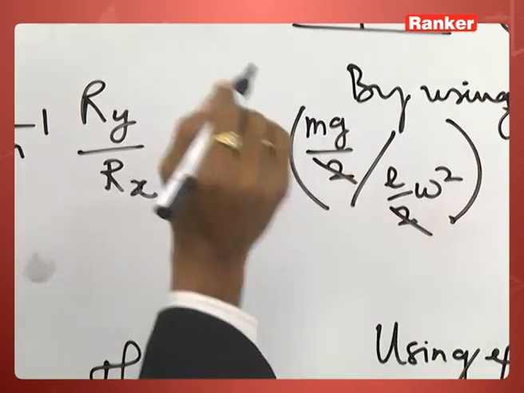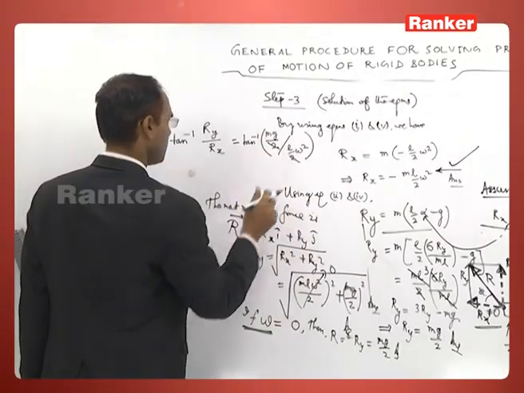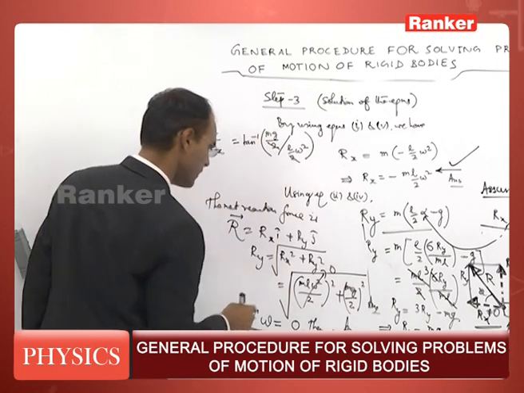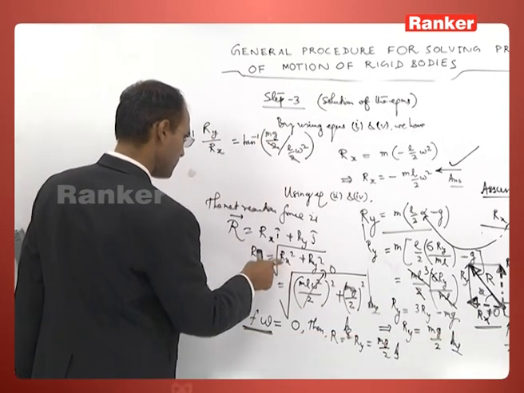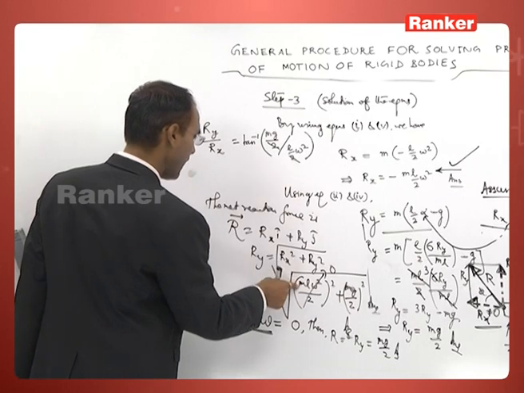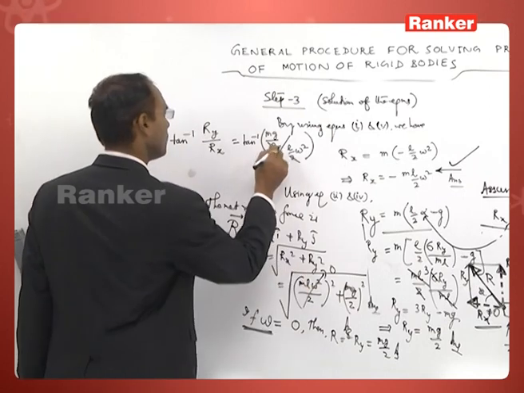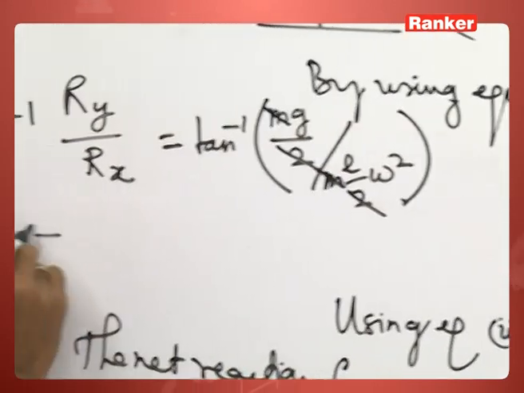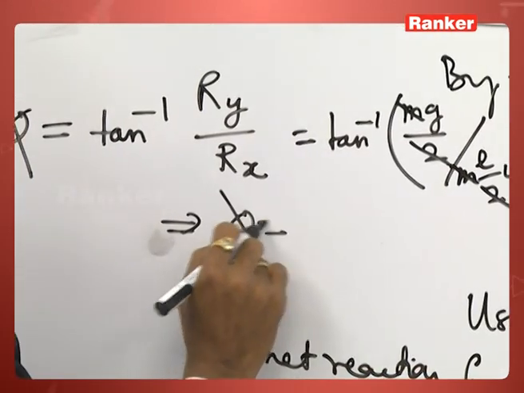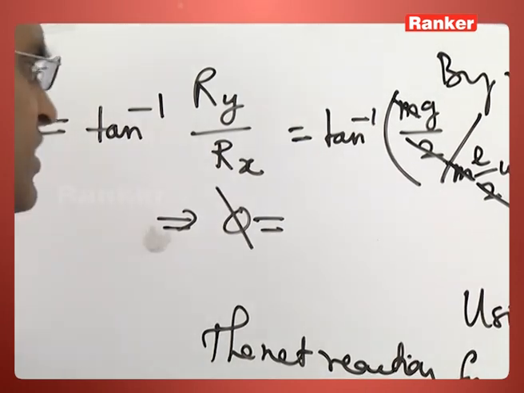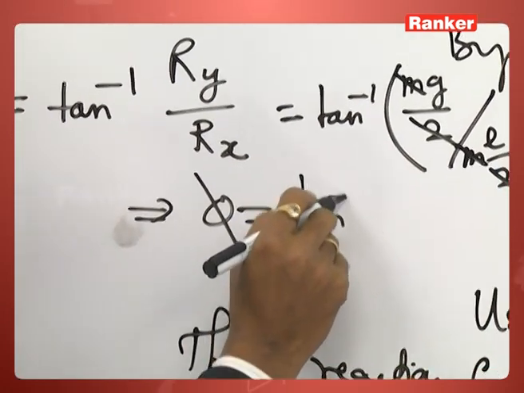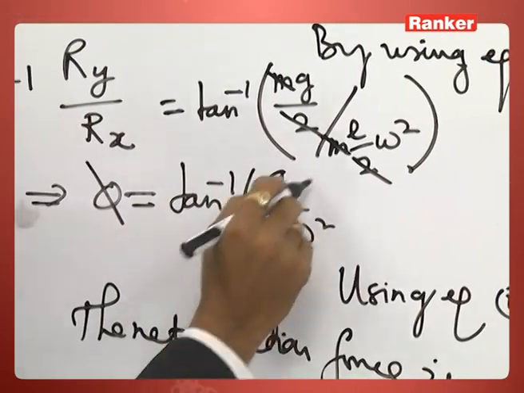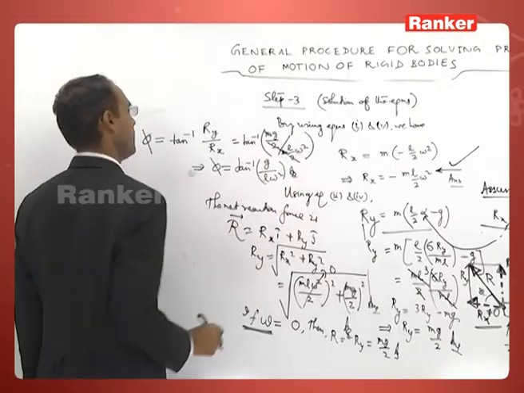So the 2 will get cancelled, and Rx is m L omega square upon 2. In this way, we get phi equal to tan inverse of g by L omega square. Answer.